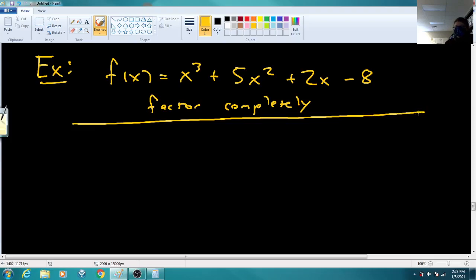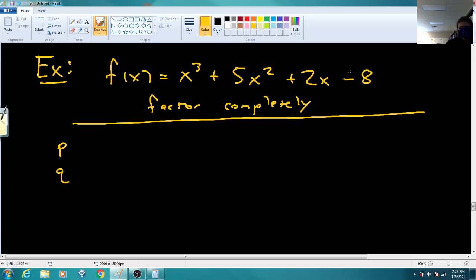So we'll note that factor by grouping is not going to work. Unless you do the synthetic division trick with the rational zeros theorem, you're going to have trouble getting this to factor. So what we're going to do is get two numbers, p and q.